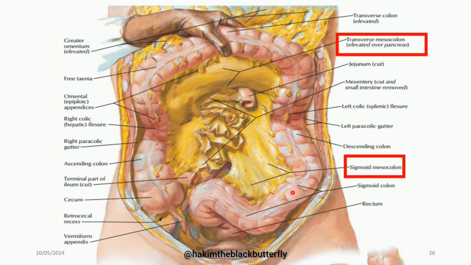It is indirectly connected to the posterior abdominal wall by what we call the sigmoid mesocolon. The sigmoid mesocolon allows our sigmoid colon to freely hang within the pelvic cavity. Okay, within the pelvic cavity.